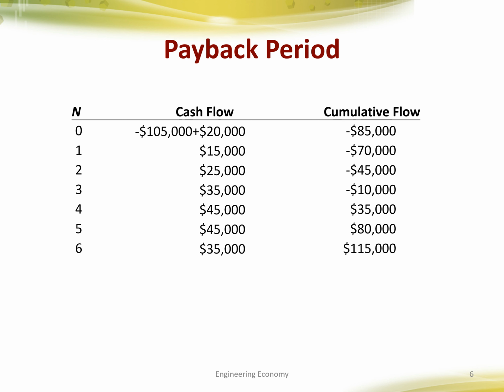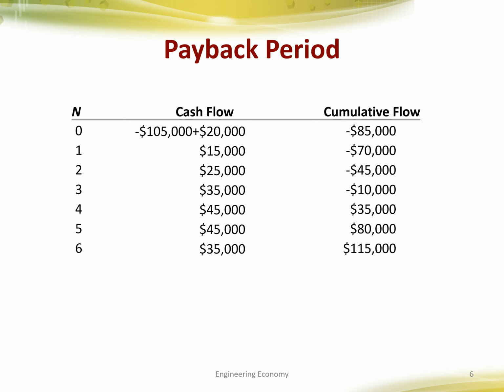We have a negative net cash flow of 85,000, and at the end of the first year we get 15,000 coming in. So our cumulative flow is minus 70,000. At the end of the second year, 25,000 comes in. So on the books we still see minus 45,000, and at the end of the third year we get 35,000 coming in.